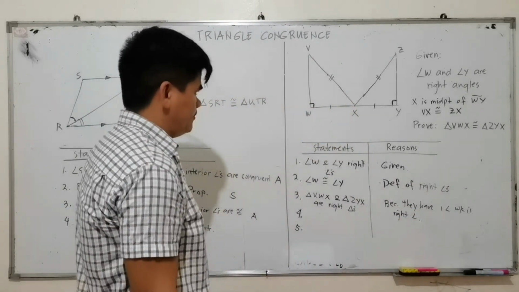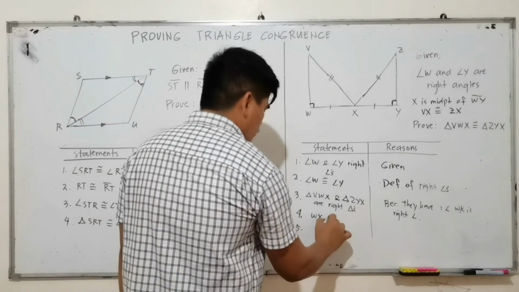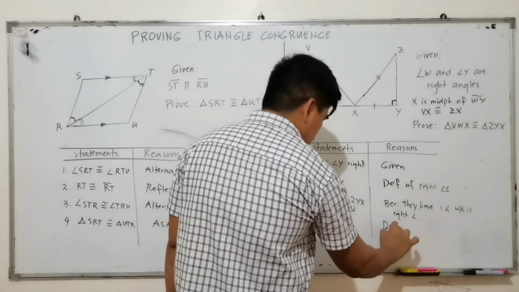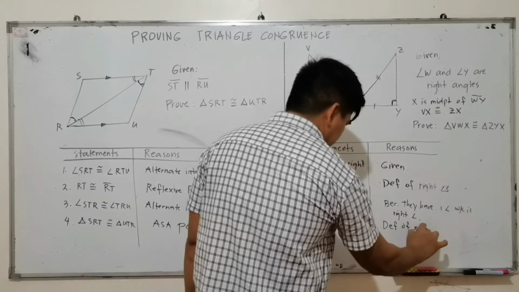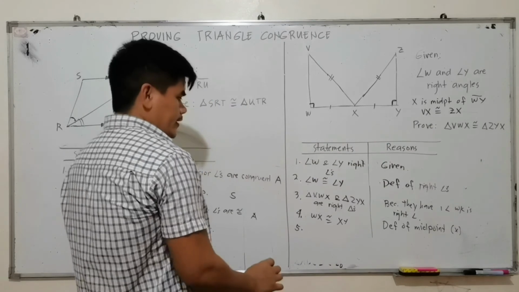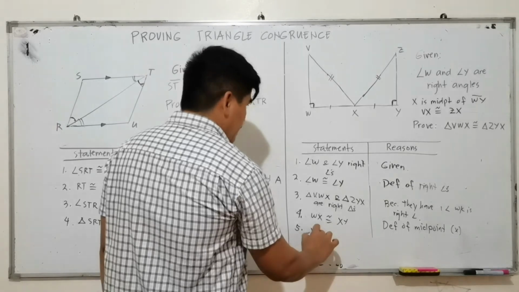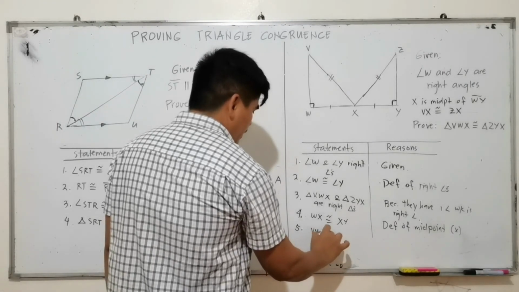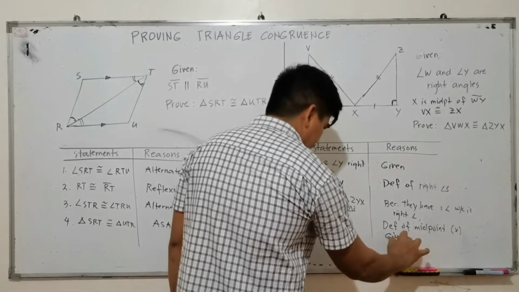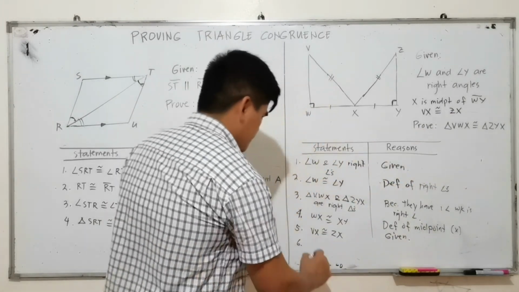Number 4, we have WX is congruent with XY, the reason is definition of midpoint with respect to X. Then another given is VX is congruent with ZX. The reason is given. Okay. Now number 6, we'll write the proof statement.